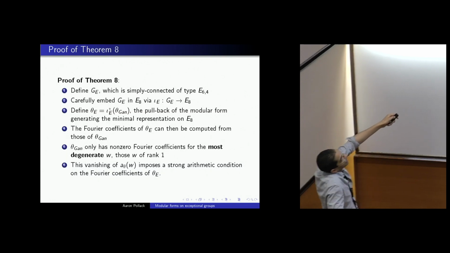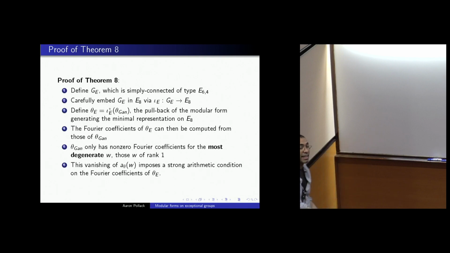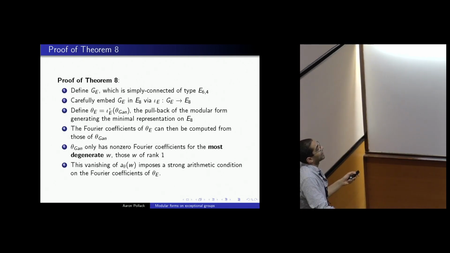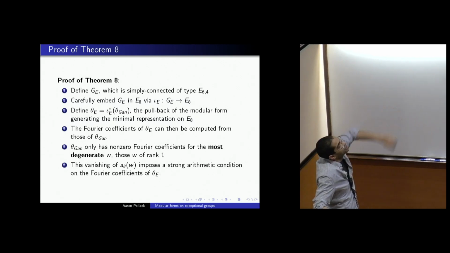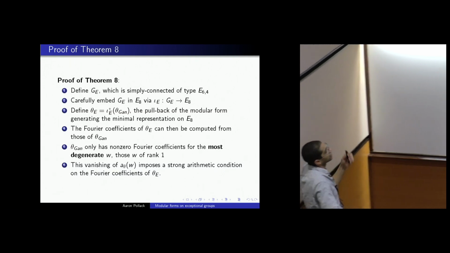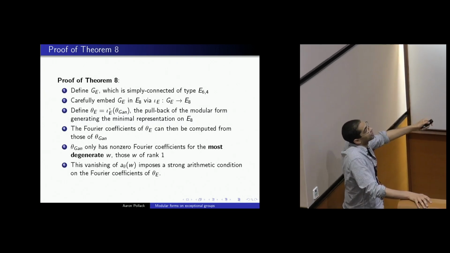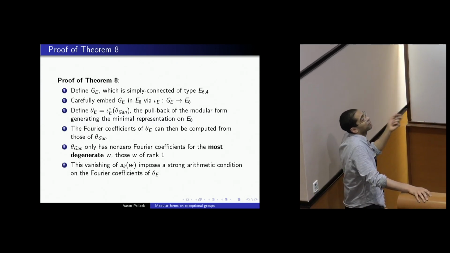And because you've defined this guy in terms of just pulling it back from E8, you can compute the Fourier coefficients of this function theta E. And so the guy on E8 that generates the automorphic minimal representation, it only has non-zero Fourier coefficients for the very degenerate W, precisely because it generates the minimal representation. Okay, so precisely it only has non-zero Fourier coefficients for those W of rank 1.